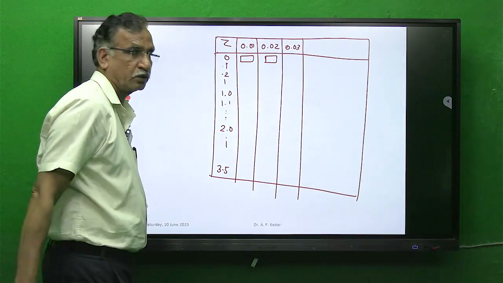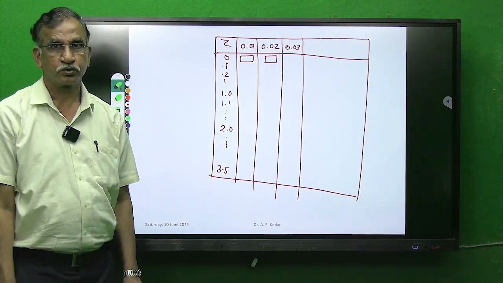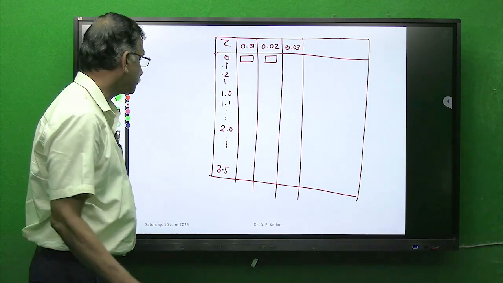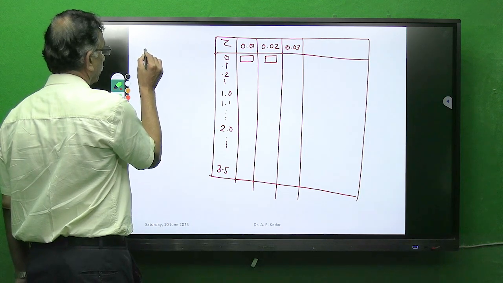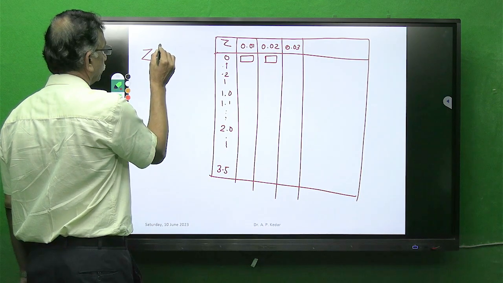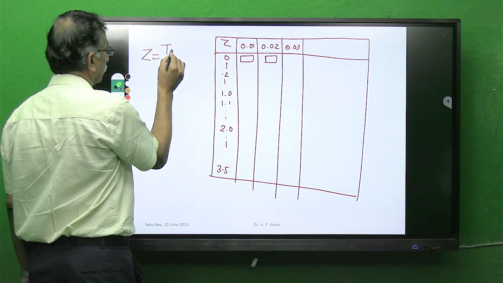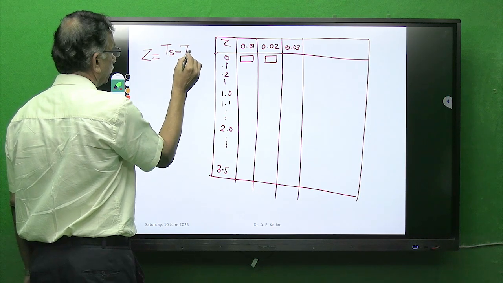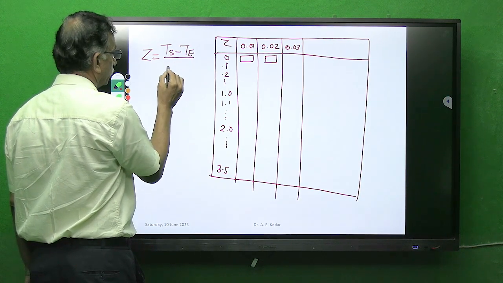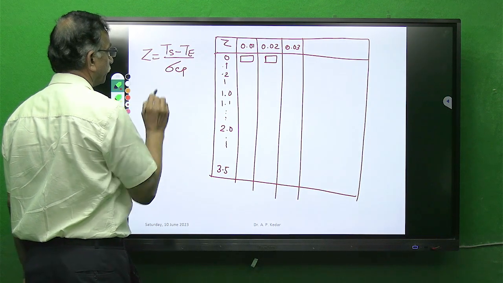Once we write the formula Z is equal to Ts minus Te upon sigma Cp.